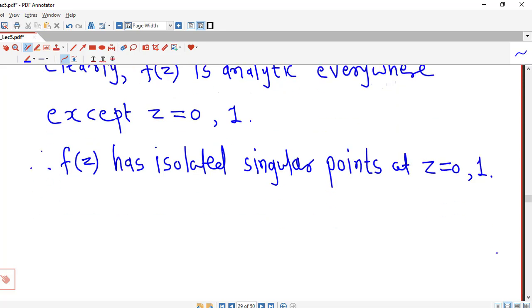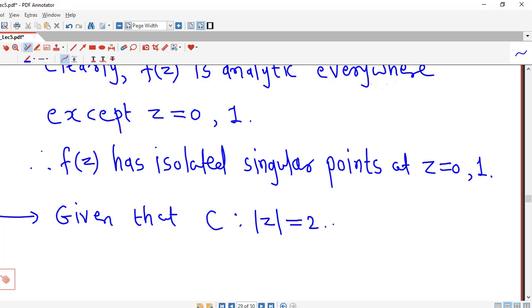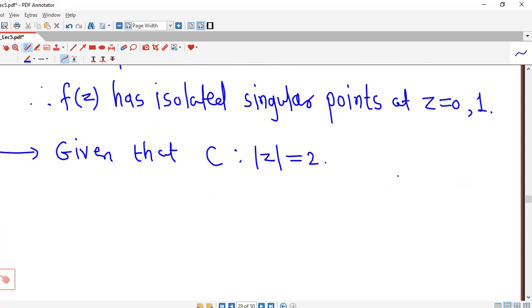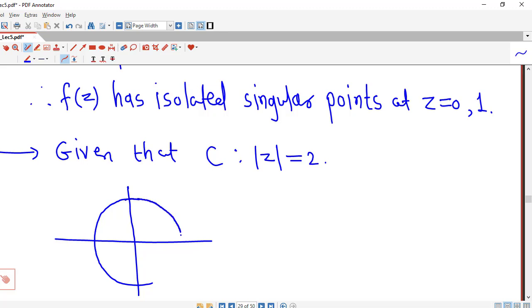Now the given simple closed contour is a circle with center origin and radius 2. C is represented by mod z equal to 2. So suppose this is the circle with center origin and radius 2. This is just for understanding, you need not sketch the circle.